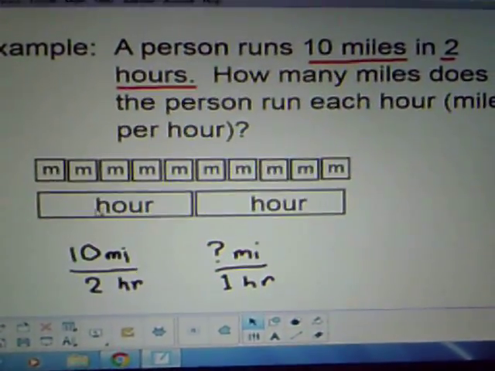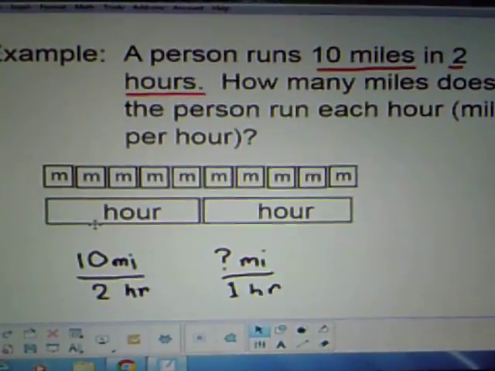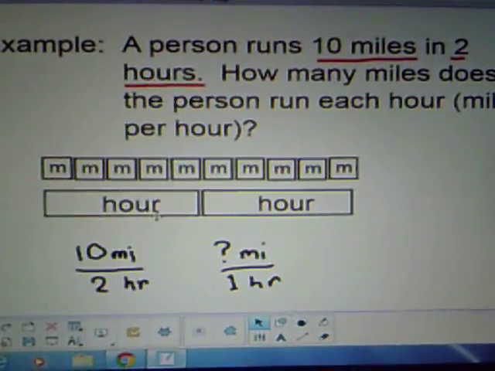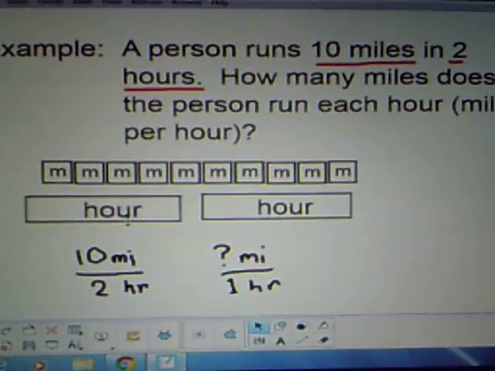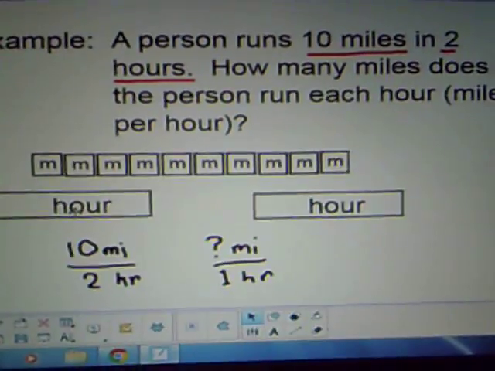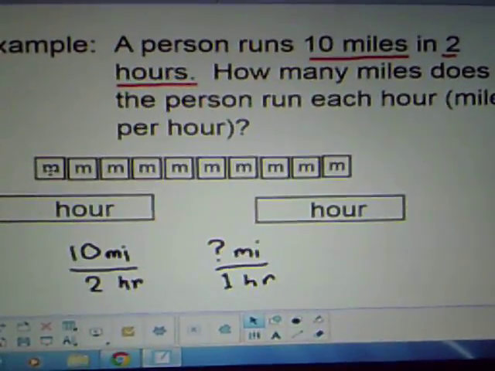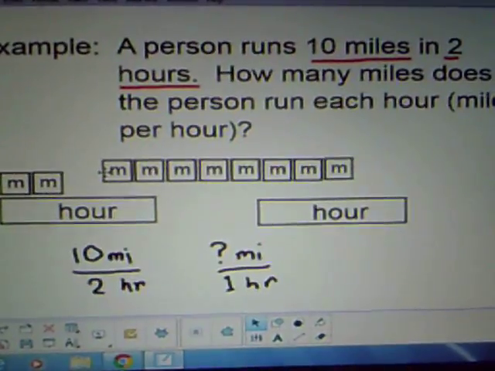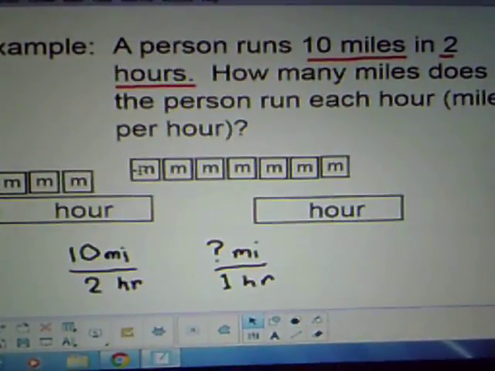And what you can see, in order to figure this out, and when I give the students a model like this, a lot of them naturally do this. They'll split the hours up so that there's 1 hour in each group, and then they'll split up the miles evenly to see how many miles go for each hour.